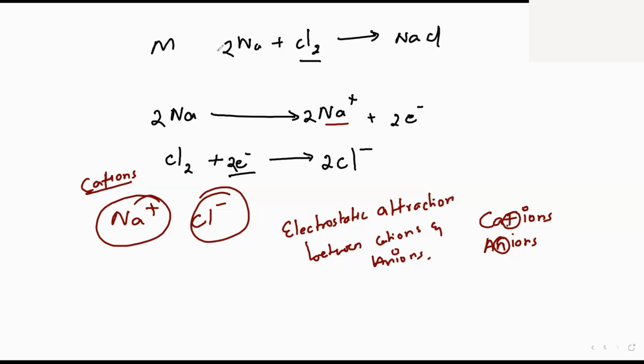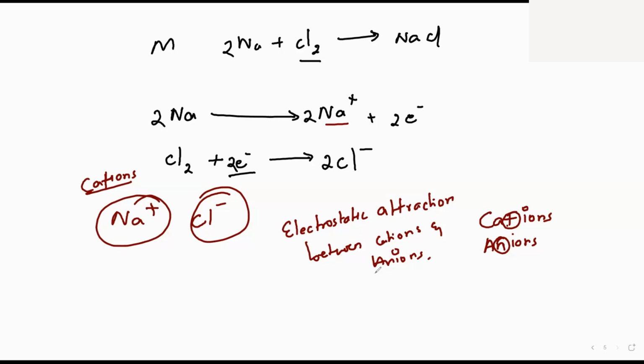This is for your understanding. You don't have to write this in detail in your exam. Just to understand it very logically, very clearly, I'm giving you all this. So electrostatic attraction means positive and negative charges actually attract.